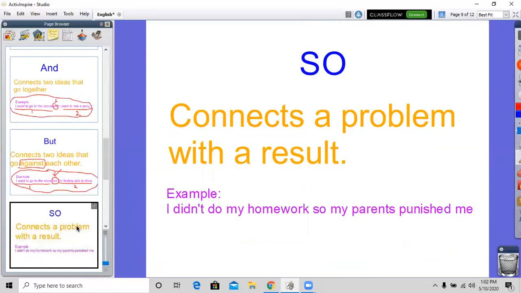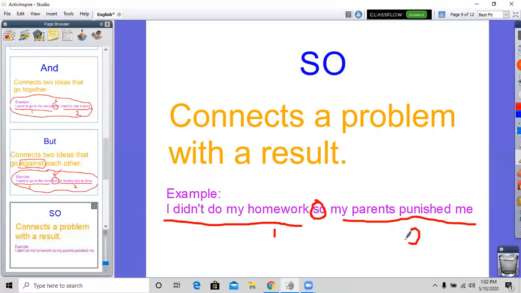Okay, when do we use so? So connects a problem with a result. For example, where's our simple sentence? I didn't do my homework. Remember, so is another connective. My parents punished me. So one simple sentence and another simple sentence joined together with the connective.